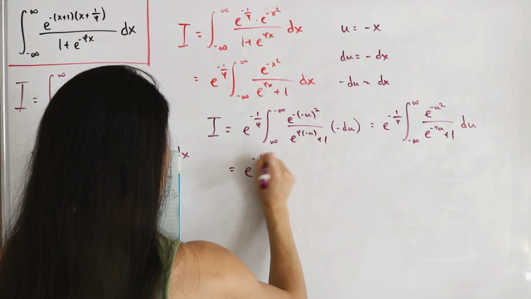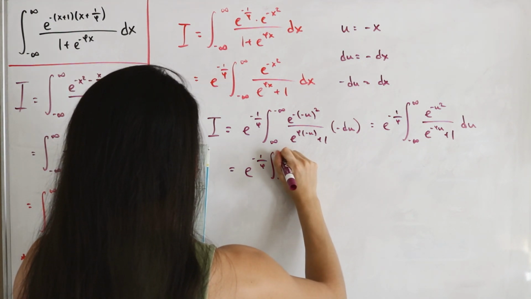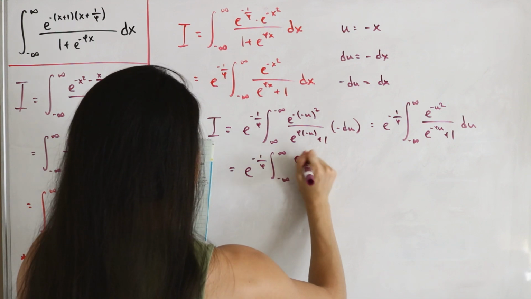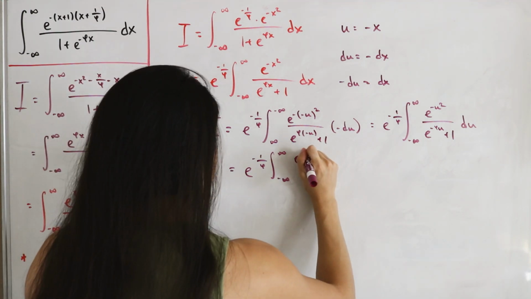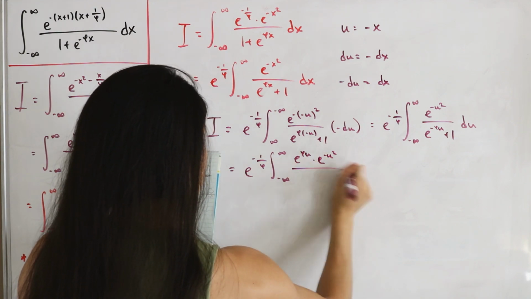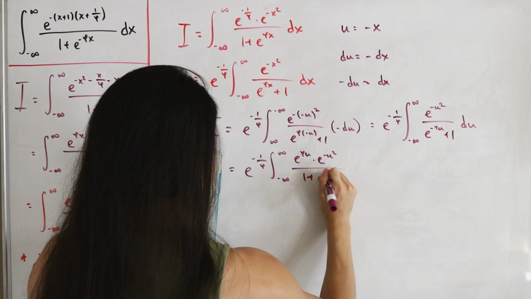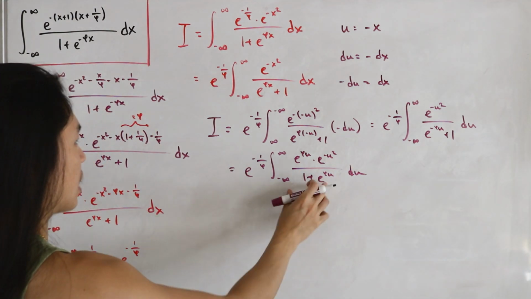So I have e to the negative 1 over phi, and then the integral from negative infinity to positive infinity of e to the phi u times e to the negative u squared, divided by 1 plus e to the phi u, du. Okay, so that's what we have.